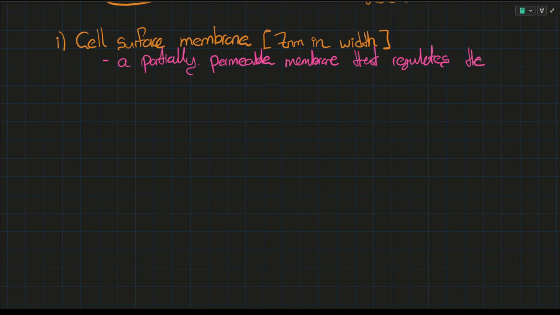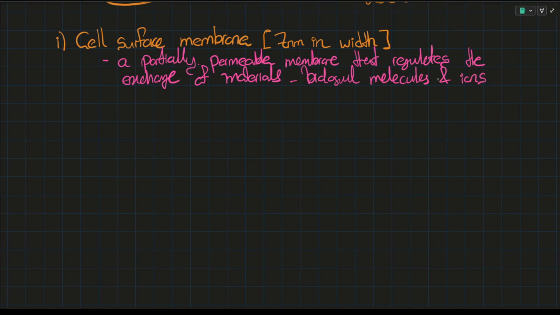A partially permeable membrane that regulates the exchange of materials. What do I mean by materials? Any form of biological molecule, and that can also include ions, between the cell and its surroundings.